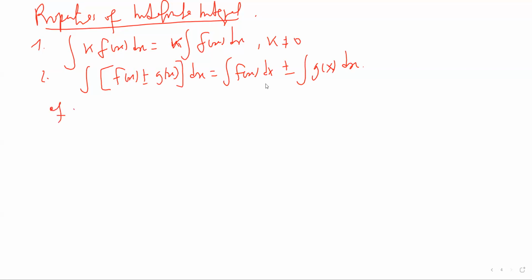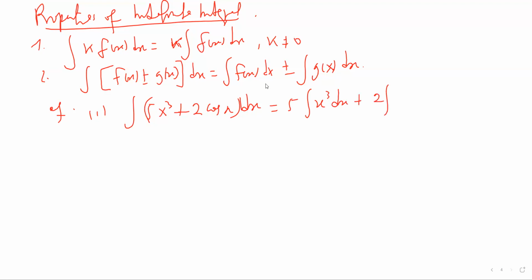So an example is if you have the integral of 5x cubed plus 2 cos x dx, then you can write it as 5 times the integral of x cubed dx plus 2 times the integral of cos x dx, and 5 is a constant.